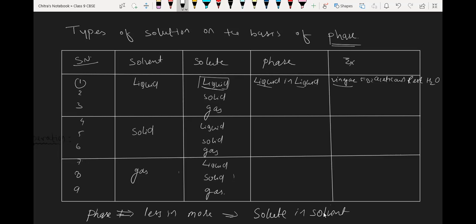In vinegar we have acetic acid only 5 to 8%, and 95 to 98% is water. So it is the example of liquid in liquid. Next we have liquid in solid. You know that amalgam.